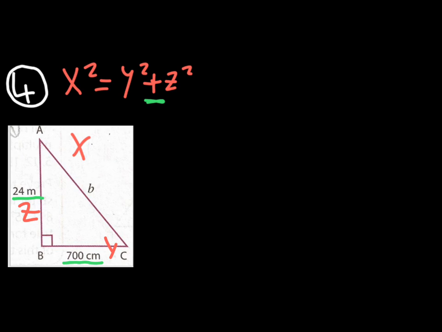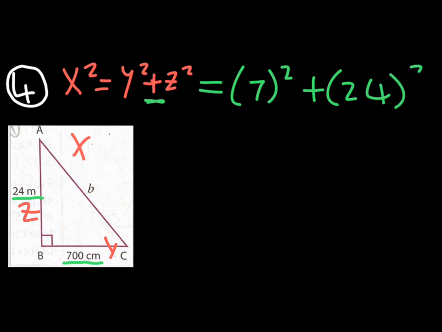So what I'm going to do is divide 700 by 100, and that's how we get from centimeters to meters. So we say 7 squared plus 24 squared. Remember, this is all to get x squared. Alright, and once we do that, we get 625, but we don't want x squared, we just want x.